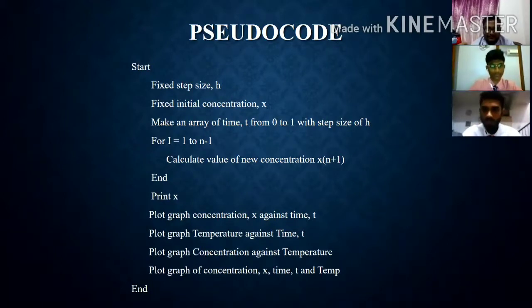We print out the new concentration, and we plot the graph of concentration against time, temperature against time, concentration against temperature, and a graph of concentration, time, and temperature. Then we end the pseudocode.